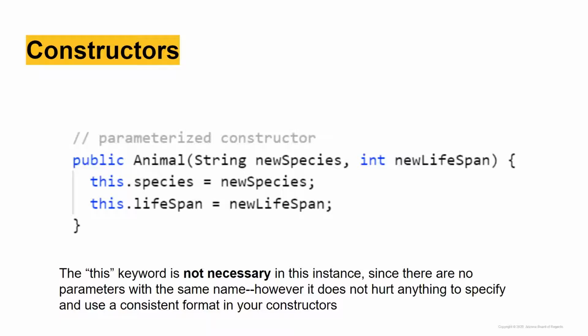And if we're giving nothing in the constructor call, then we're just going to use the default constructor. Again, this keyword is not necessary because I called my parameters new species and new lifespan. But if I just called them species and lifespan generically, then this would have been necessary. But again, I just think it's more readable and clear to use this keyword.